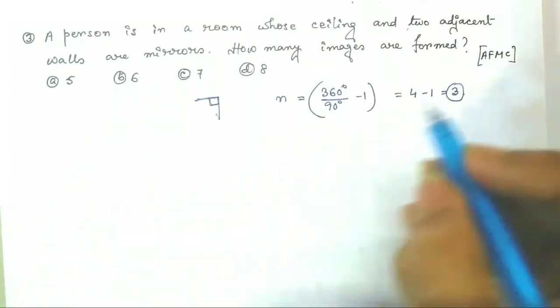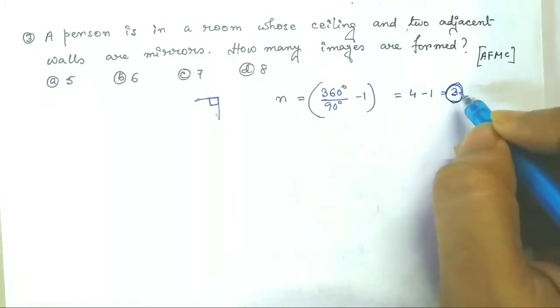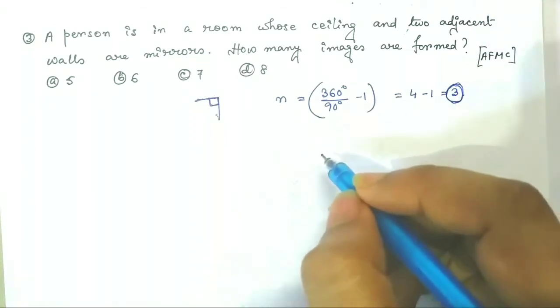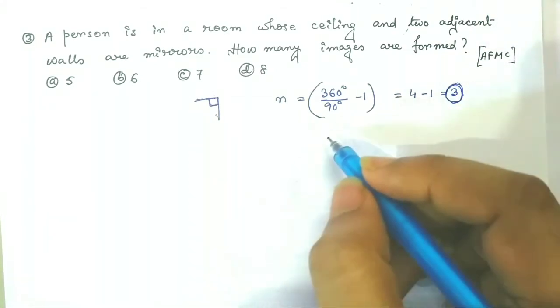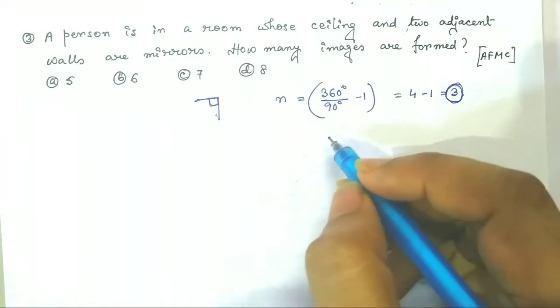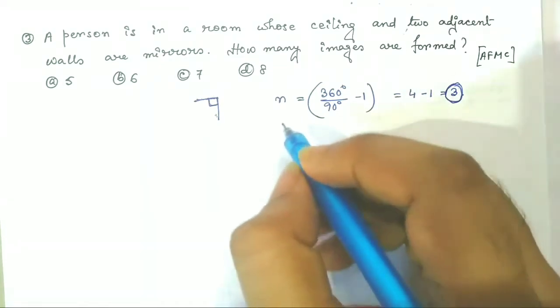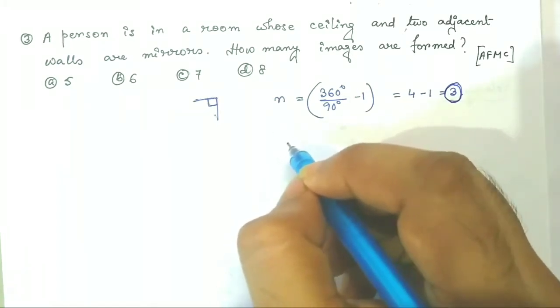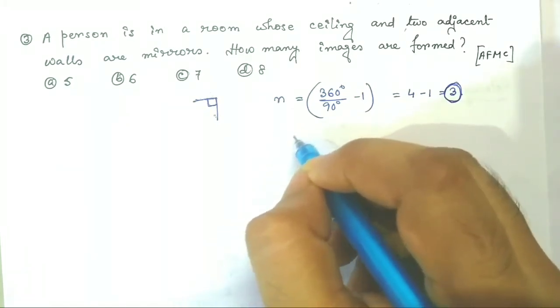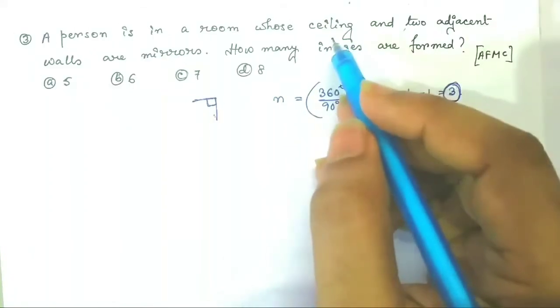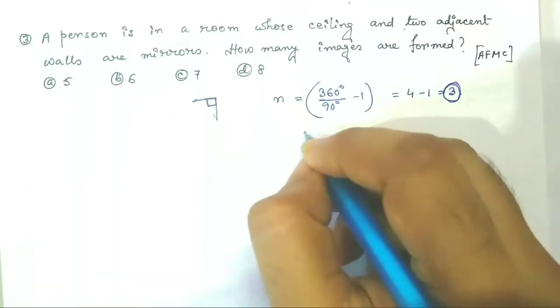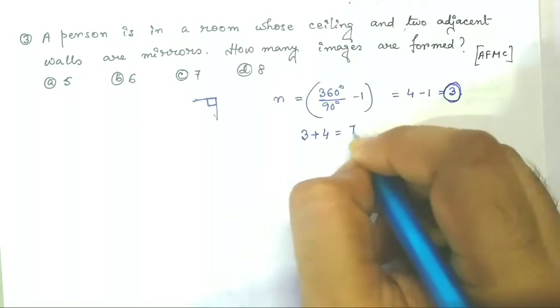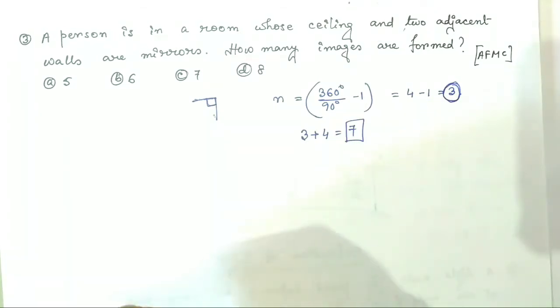For the ceiling, these three images along with the person are objects. That is, the total number of objects for the ceiling mirror is 4. Hence it will form 4 number of images. So total number of images will be formed by the ceiling and the adjacent walls is 3 plus 4 equal to 7.